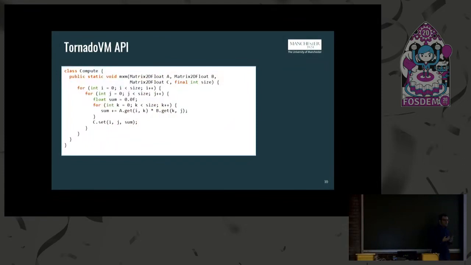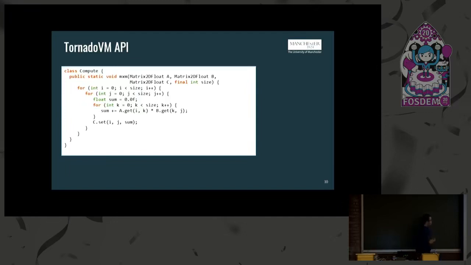This is now an example of how the user can use TornadoVM, and how they can specify that this code could be parallelized on the hardware, on a GPU, for example. This is a class, Compute, that has one method, the MXM, that computes the matrix multiplication of two arrays, A and B, and the result is stored in the C array.